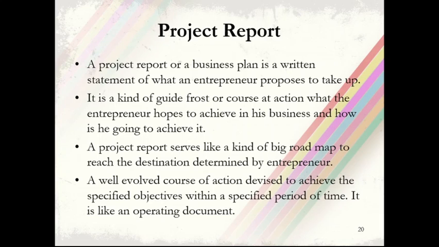A project report gives information on the following aspects, that is, economic aspect, technical aspect, financial aspect, production aspect, and managerial aspect. Technical aspects like technology, machinery, and equipment needed are written in detail in the project report.